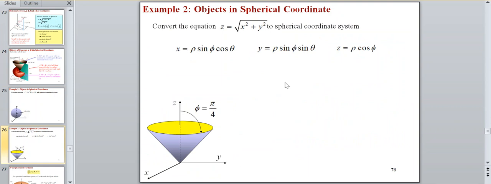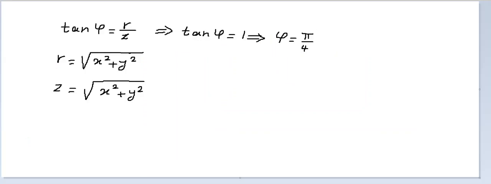Actually, we can do this in two ways. One is much simpler, the other more complicated. I'm going to explain the simple one for you. Look here, I have done this for you. If you remember, tangent phi equals r over z.